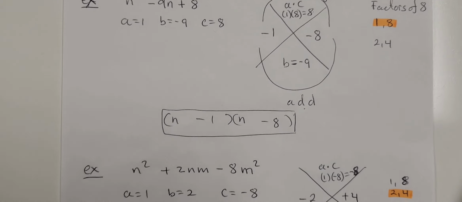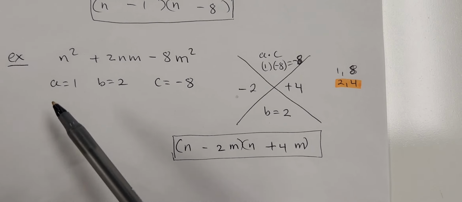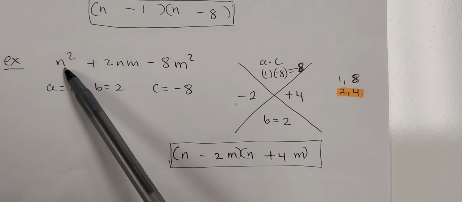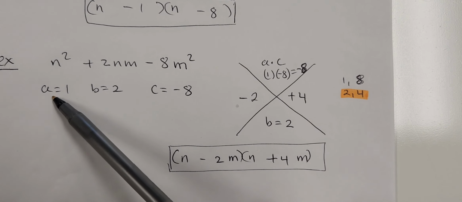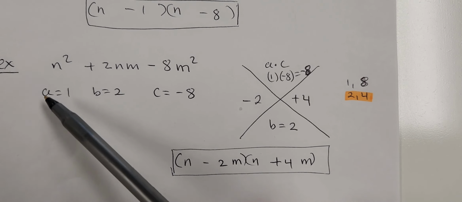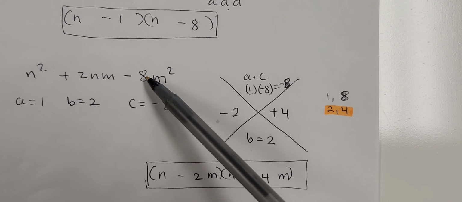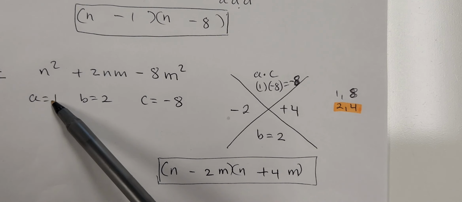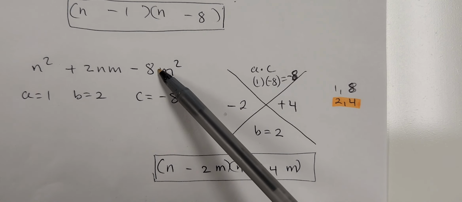Next example, same procedure. This time I'm using two letters, n and m, but it is the same procedure. A is the first term, which is 1, b is 2, and c is negative 8.